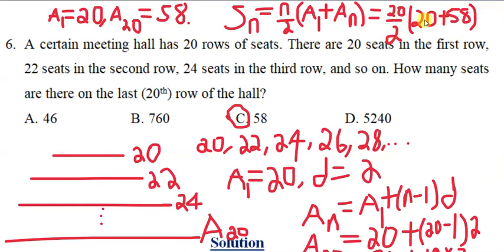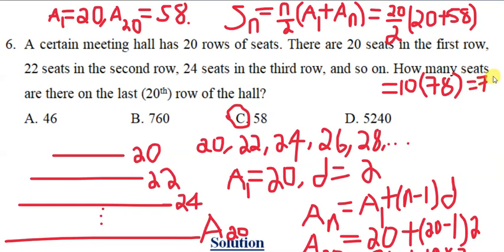The sum of these two numbers is 78, and 20 divided by 2 is 10. So it is 10 times the bracket, which gives 78, and then multiplying 78 by 10 gives us 780.